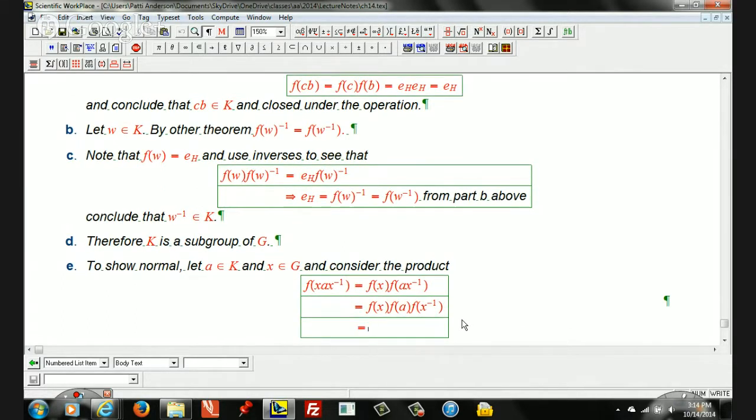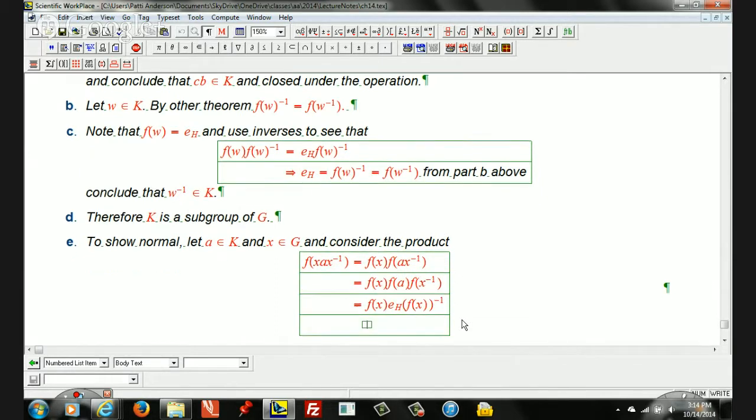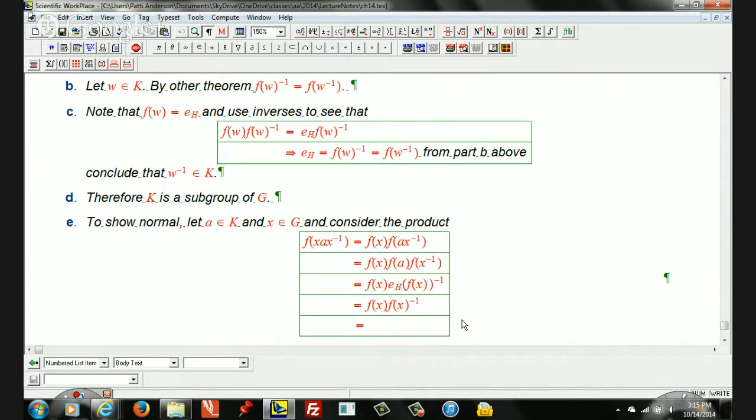So then that's equal to F of X, E sub H, and then F of X inverse is the same thing as F of X inverse from our previous theorem. So then that's F of X inverse, which is equal to what?